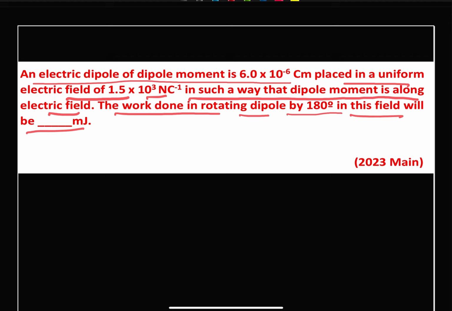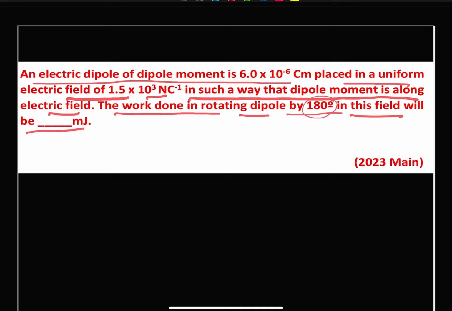So we are given that we have to find the work done for 180. Initially it said that electric field and dipole moment are along each other. So in this case the angle between the dipole moment and electric field will be equal to 0. And in the second case we are already given it has to be 180.